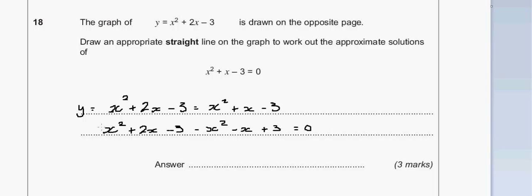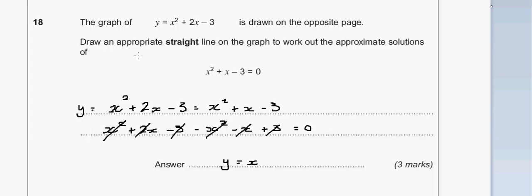Now I can see here that x squared and minus x squared cancel one another out. The minus x and the 2x would just leave me x. The minus 3 and the plus 3 would cancel out. So x equals 0. So I can say that y equals x.